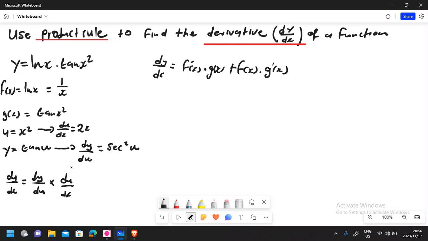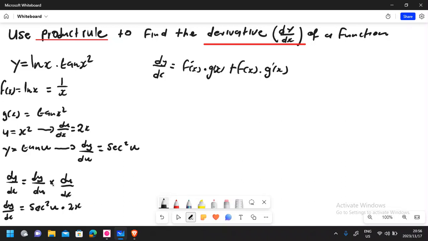Now, what is our dy over du? It is going to be sec squared u. Wherever there is dy over du, we substitute sec squared u. By the way, it's not x, it's u, guys. And then multiply by du over dx. So du over dx is going to be 2x.